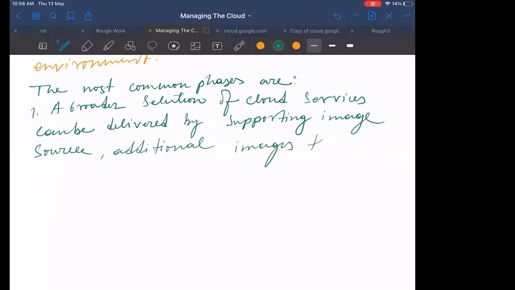Additional images that can be taken from the third-party vendor.